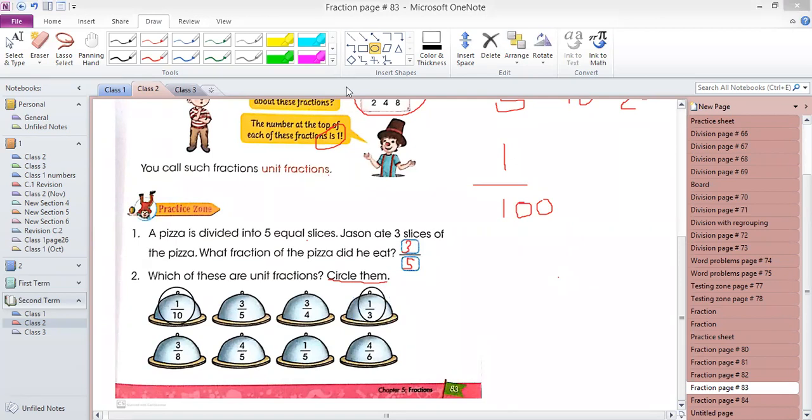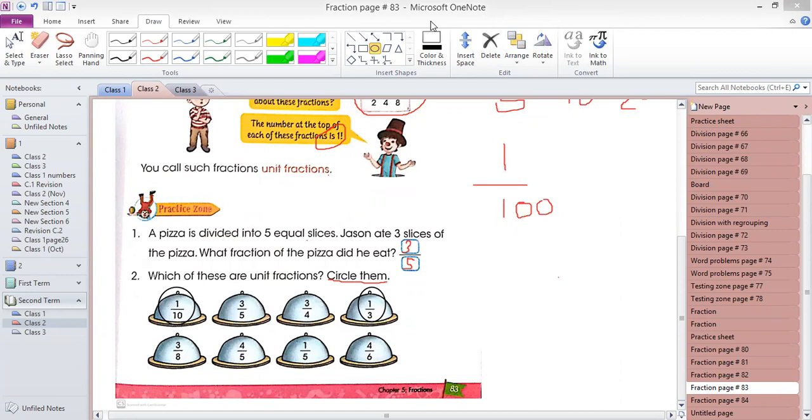No. Very good. 3 over 8 is not a unit fraction. 4 over 5. Is 4 over 5 a unit fraction? No. Very good. 4 over 5 is also not a unit fraction because there is no 1 in its numerator.